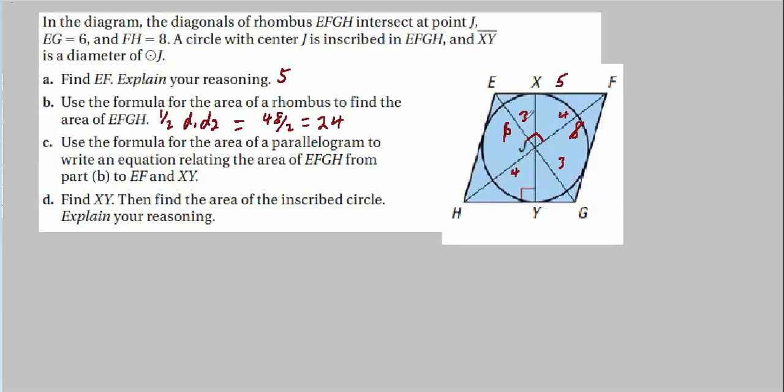It might look more like an altitude if we were to move it over here to E and then drop it down to a perpendicular here. So we're taking the perpendicular distance from this side to the vertex here. That would be the altitude. That will have the same length as xy, because it'll be parallel to xy in between the same two sides. So we've got xy times EF.